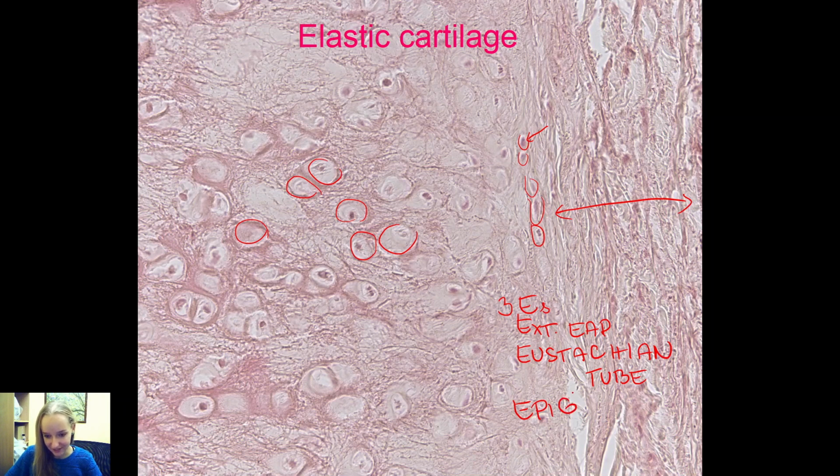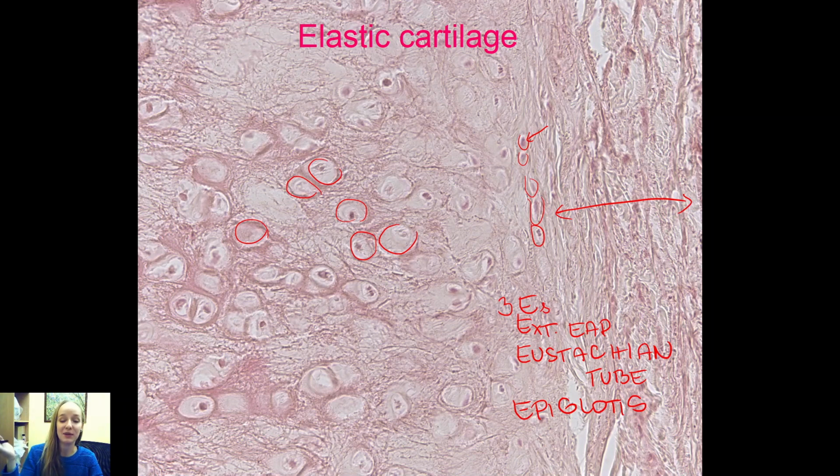So 3 E's. Epiglottis right here. Plus, there are some smaller elastic cartilages in the larynx, also in airways. But these 3 are the most important for us in histology.